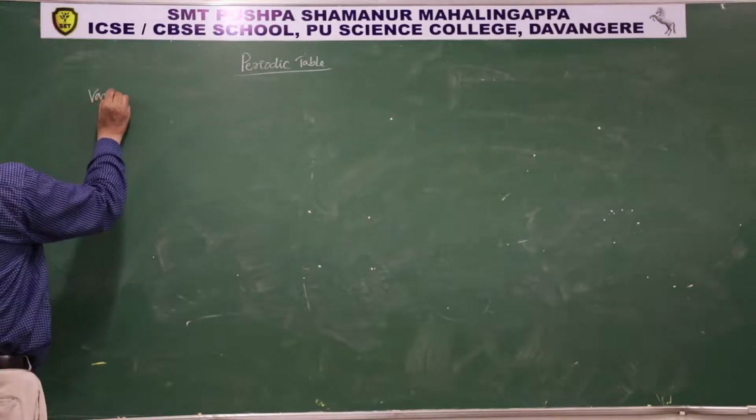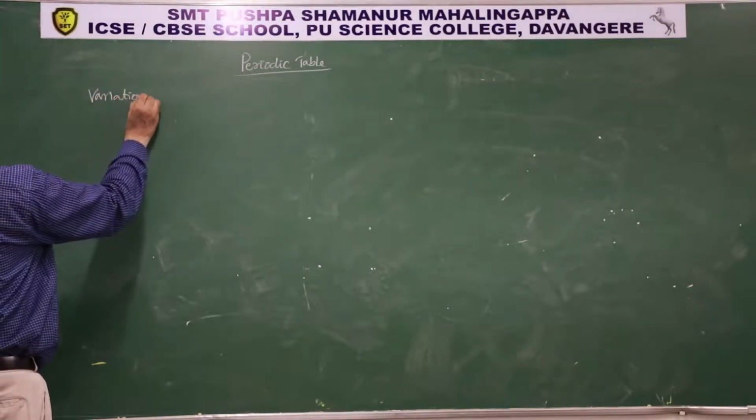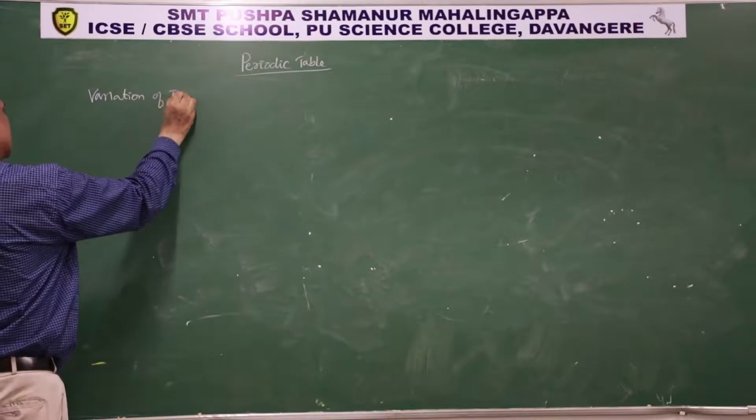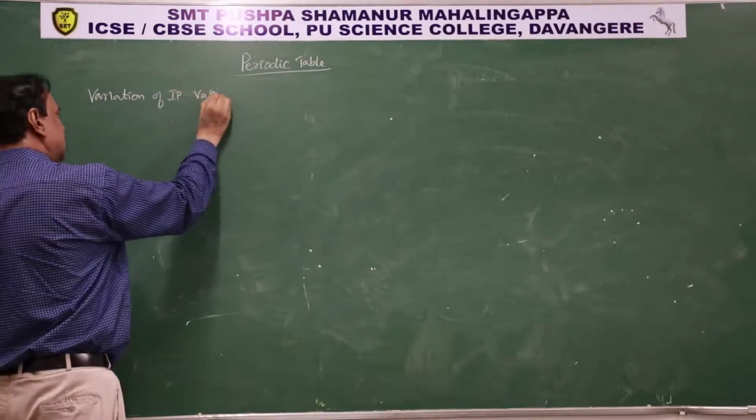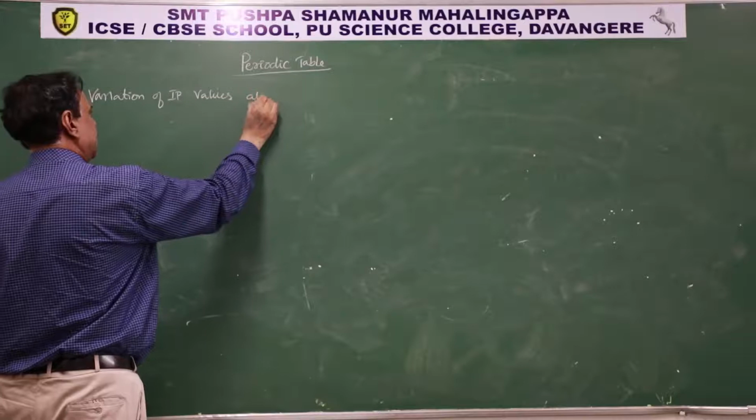Now, the variation of IP values along the period and down the group.